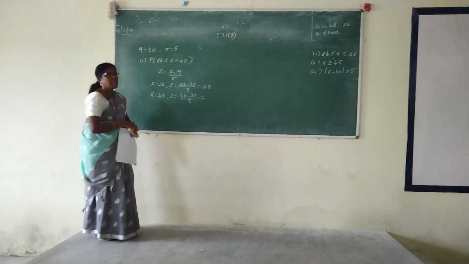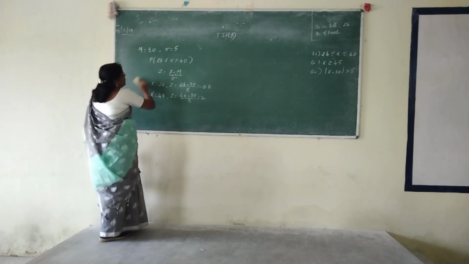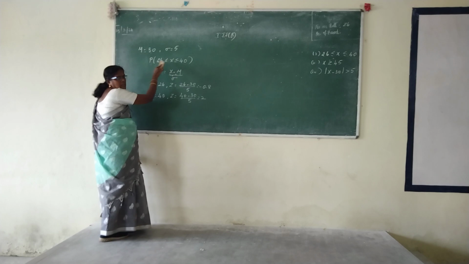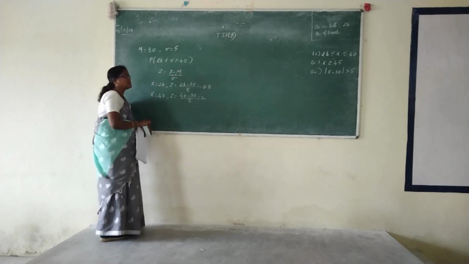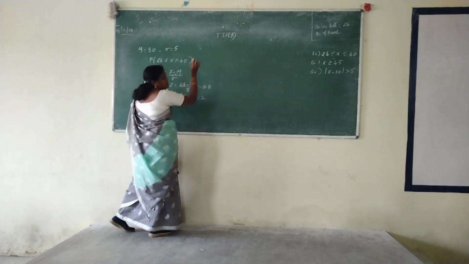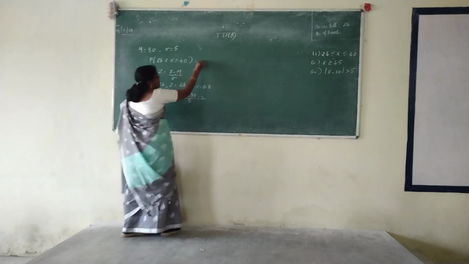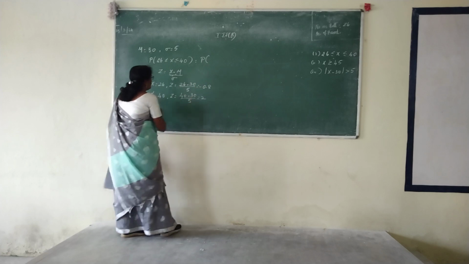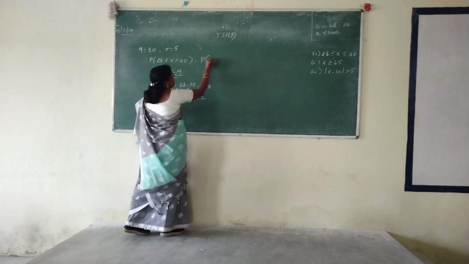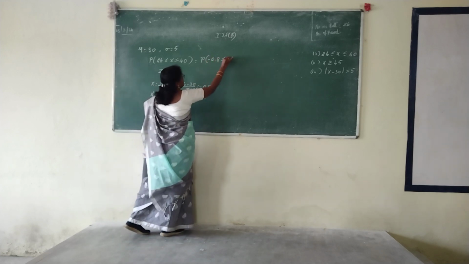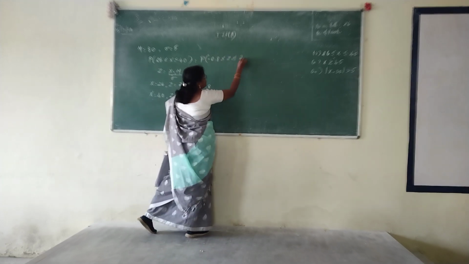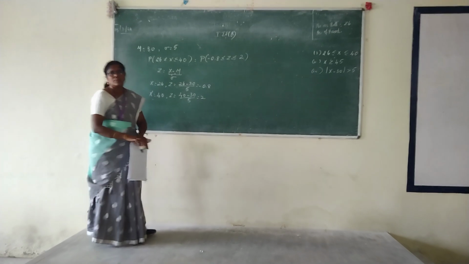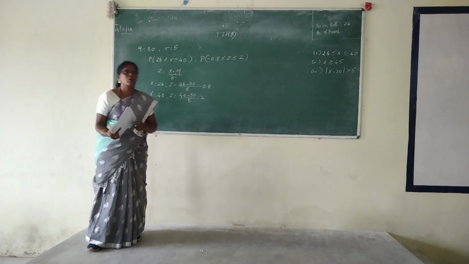Okay, so right. Therefore, probability of 26 less than or equal to x less than or equal to 40 is equal to, converting in terms of z, probability of minus 0.8 less than or equal to z less than or equal to 2. Now you have to think about the logic I explained.